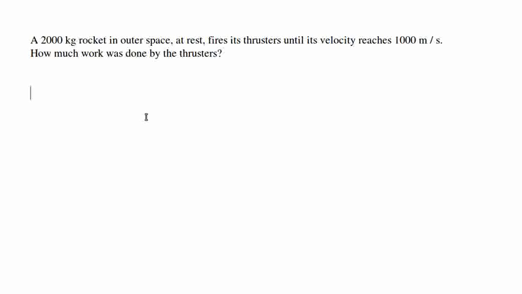So we have a situation where we could use the result that the net work is equal to the change in kinetic energy. By the way, this useful result that I just derived is called the work energy theorem. So this is a situation where we use the work energy theorem.